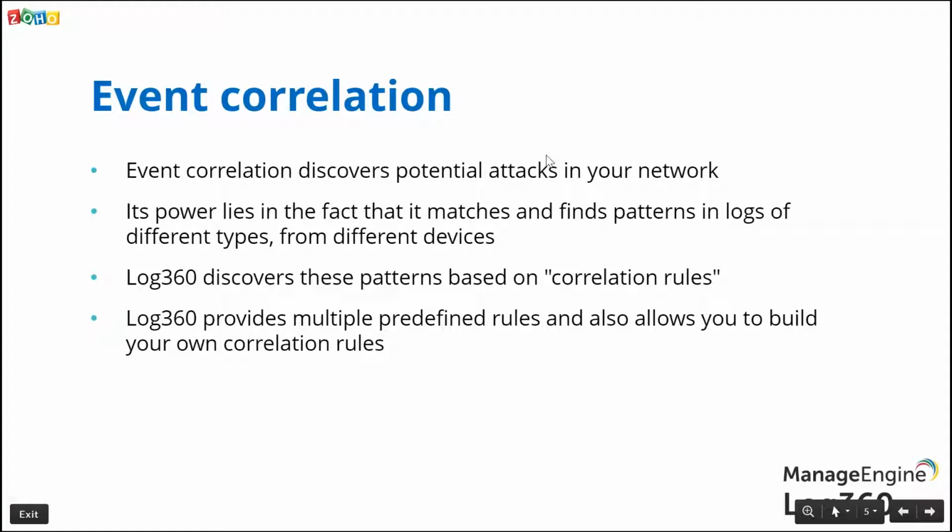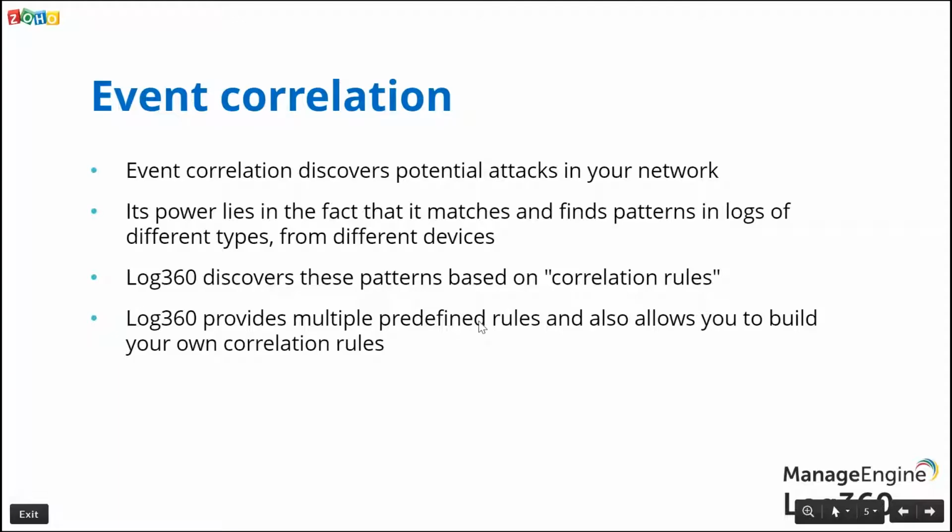It looks throughout your network for these kinds of sequences of logs which could denote potential network attacks. Now how does it know that a particular sequence of logs is suspicious or could denote an attack, right? It uses something known as correlation rules.